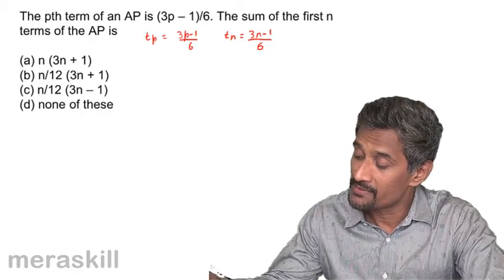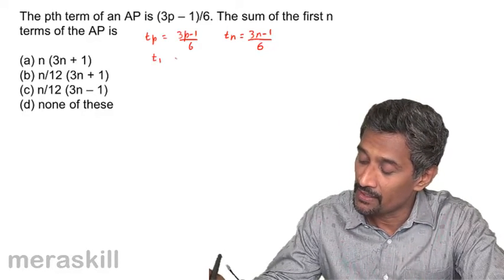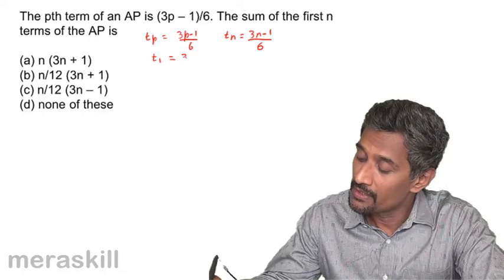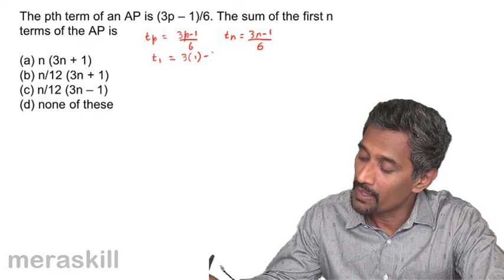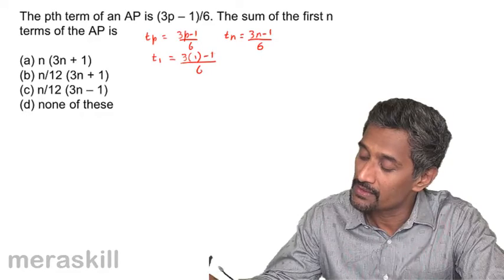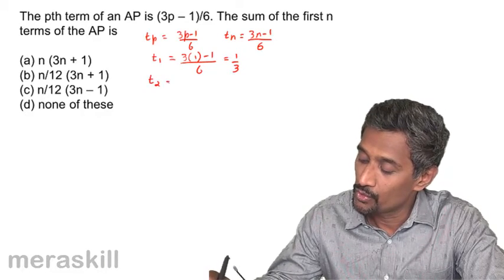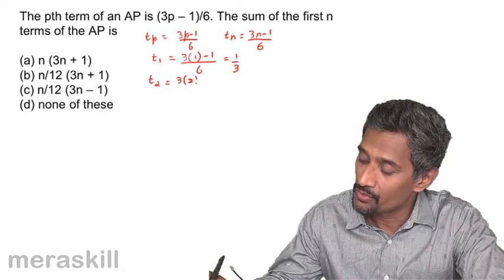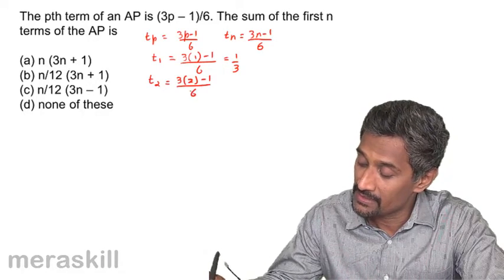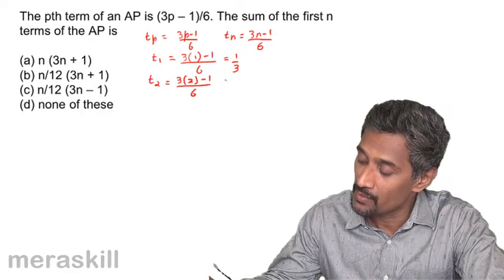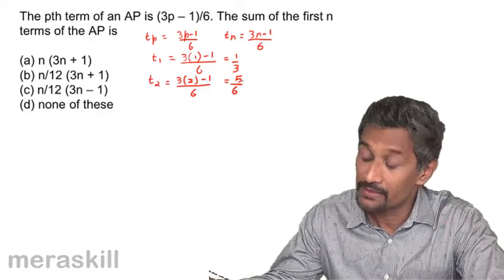Which means that you can say T1 is going to be (3 into 1 minus 1) by 6, that is 3 minus 1, 2 by 6, 1 by 3. And T2 would be equal to (3 into 2 minus 1) by 6, that is 6 minus 1, 5 by 6.